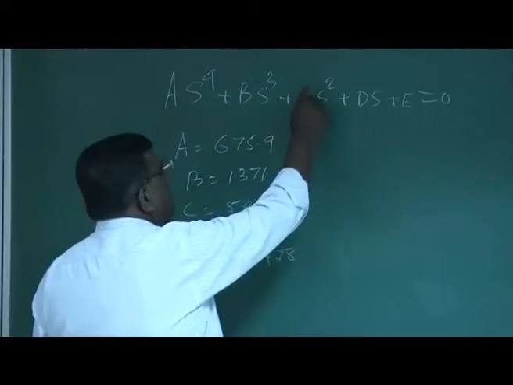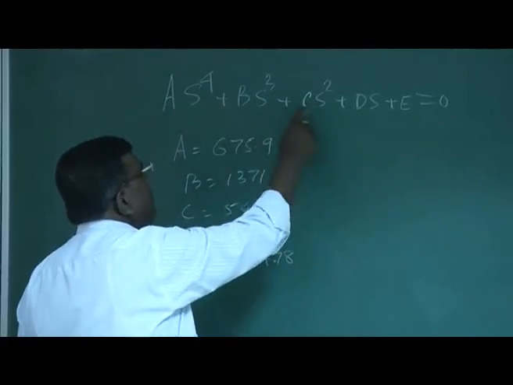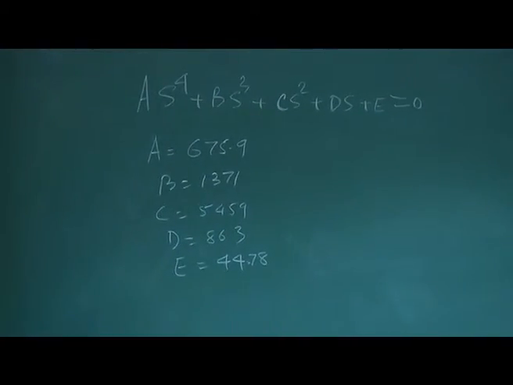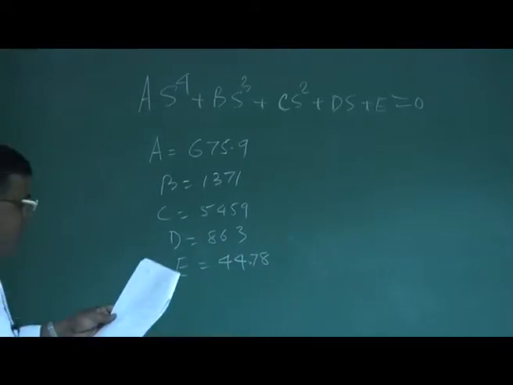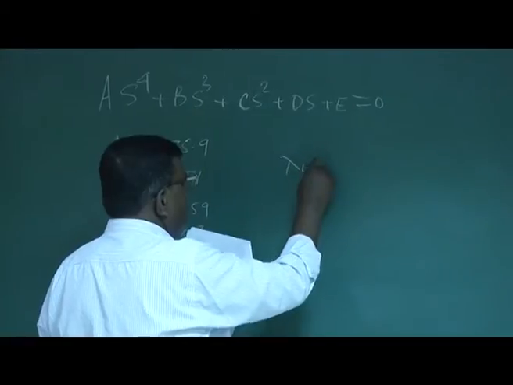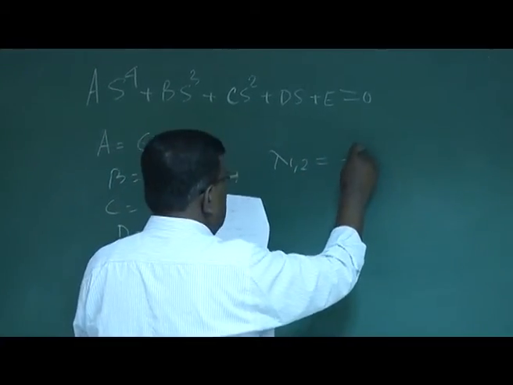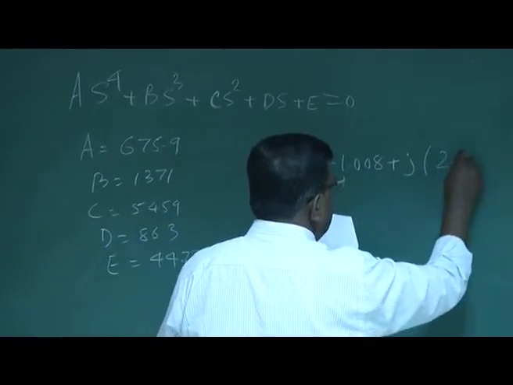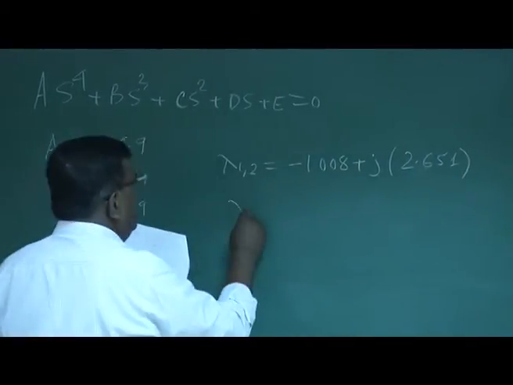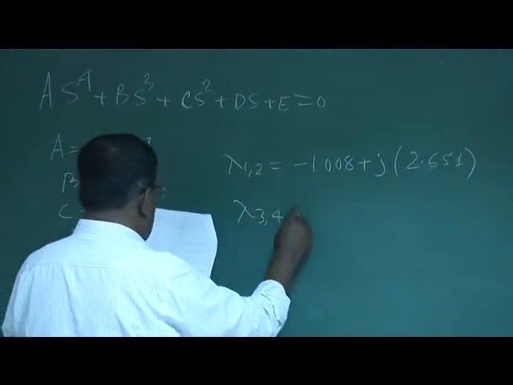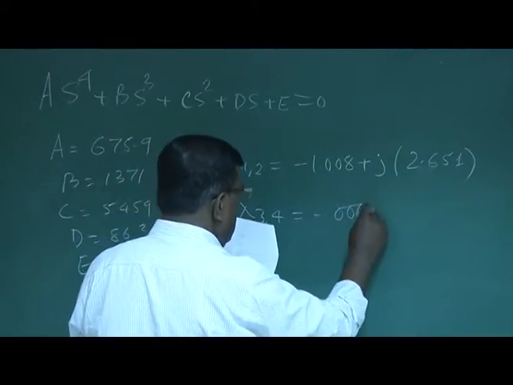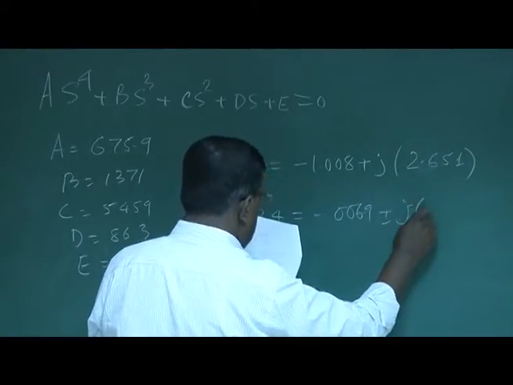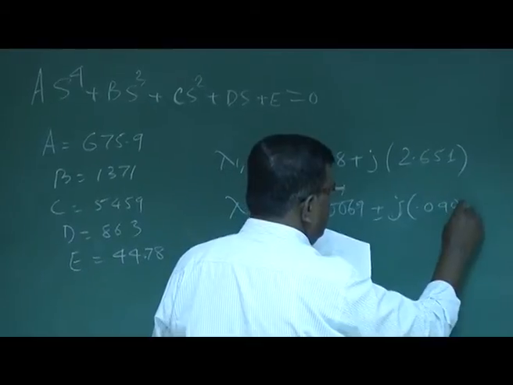Okay. Now, if I solve this equation and try to find the roots through numerical methods, which is possible, and let's say that it has been done, the roots lambda 1, 2 are minus 1.008 plus minus j, complex, 2.651, and another pair of roots 3, 4, which is minus 0.0069 plus minus small j 0.0905.